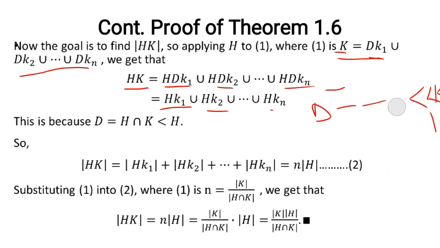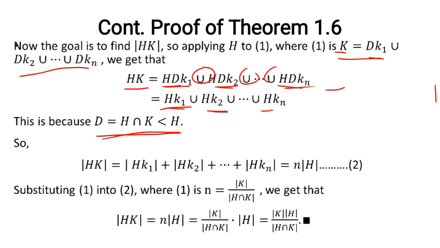Okay, let's move. So the product of this gives you this, which you have there. And I give you the reason why there. So if I want to add them together, remember what union is. Another way of doing it is addition. So because I want to find the order now, if I put the order there, what happens? It will become the order of Hk1 plus Hk2 all the way to Hkn, right? Okay, so let's continue. Now you know how many K's we have.